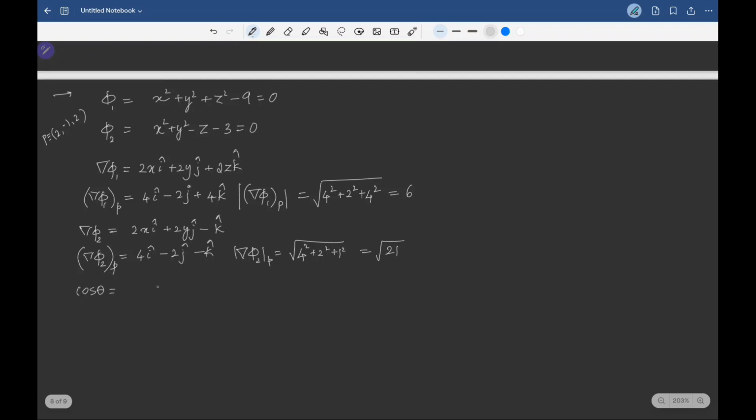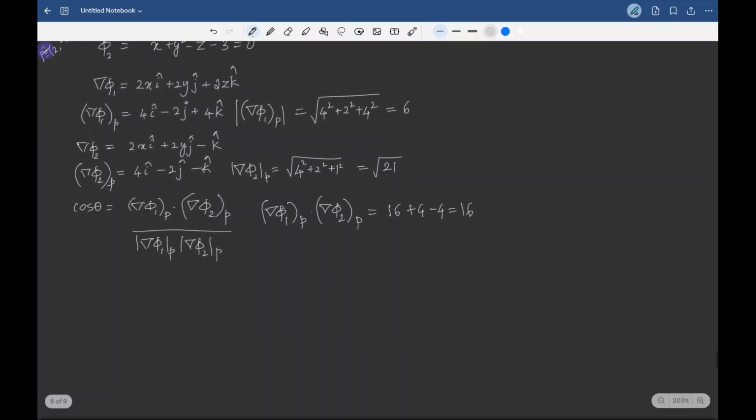Cos theta is equal to del phi 1 at P dot del phi 2 at P divided by the absolute value of del phi 1 at P times the absolute value of del phi 2 at P. Del phi 1 dot del phi 2 is 4 into 4, 16, plus 4 minus 4, is equal to 16.